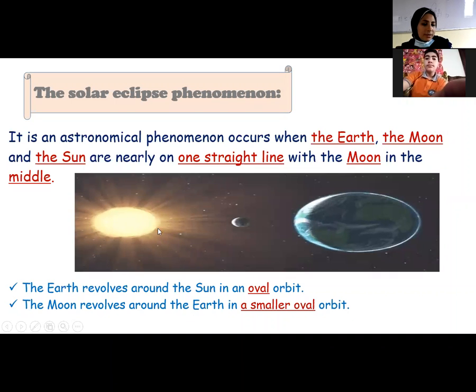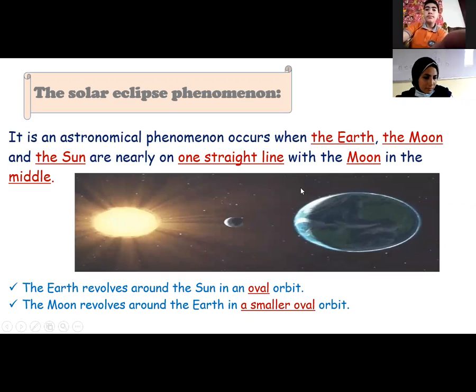As we know, the earth revolves around the sun in oval orbits. The moon is a follower of the earth, so the moon revolves around the earth.